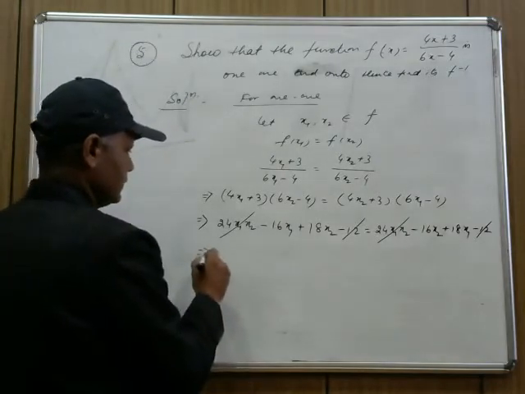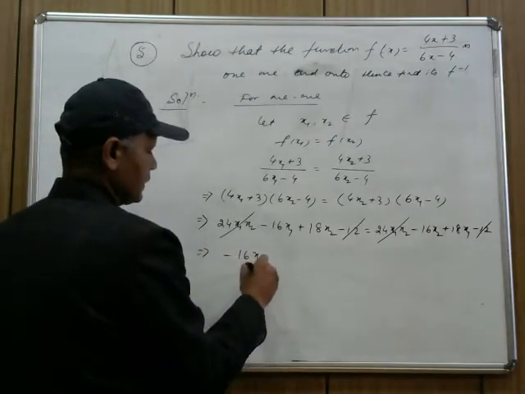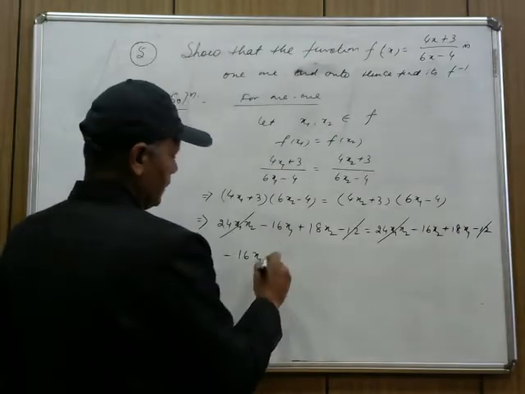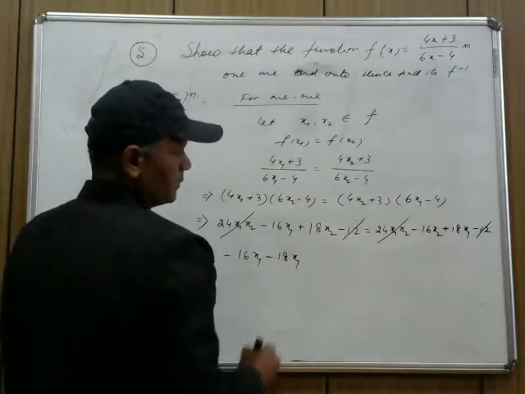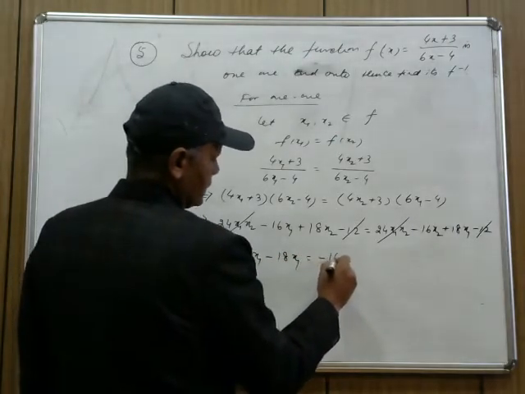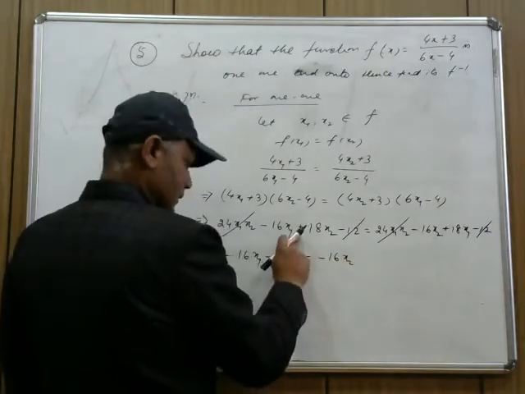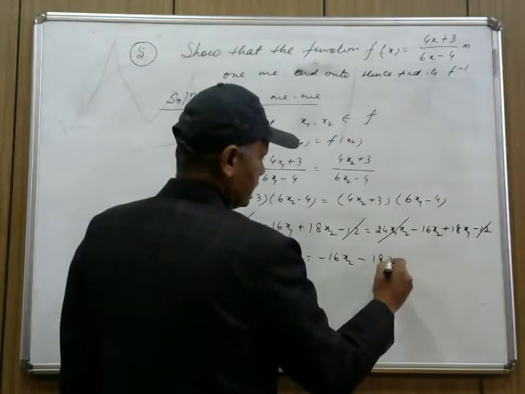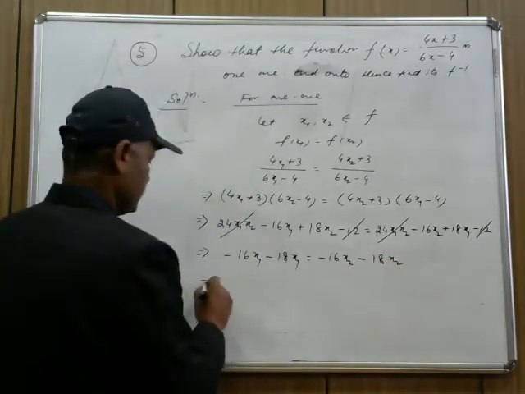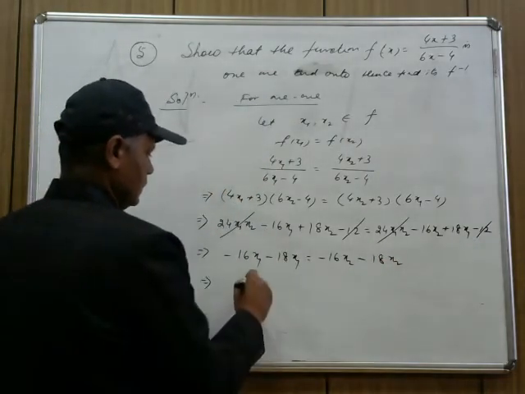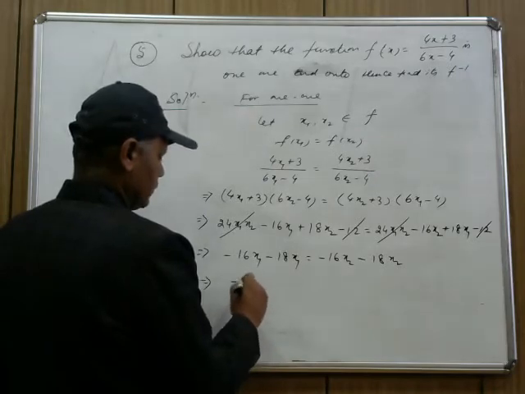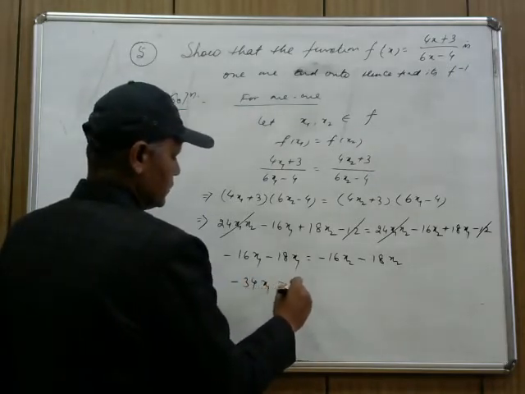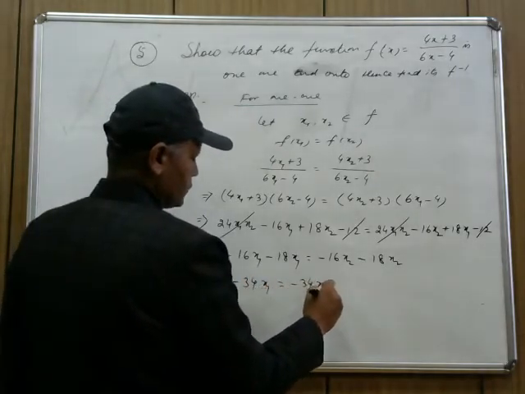It implies that minus 16x1 minus 18x1 is equal to minus 16x2, and this x2 I will take to the right-hand side, minus 18x2. It implies that minus 34x1 is equal to minus 34x2.